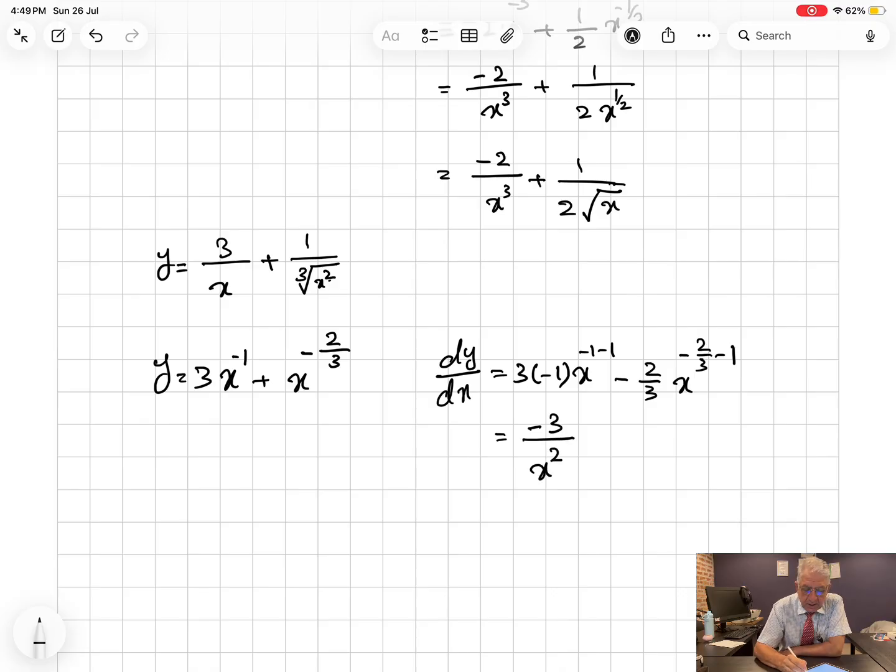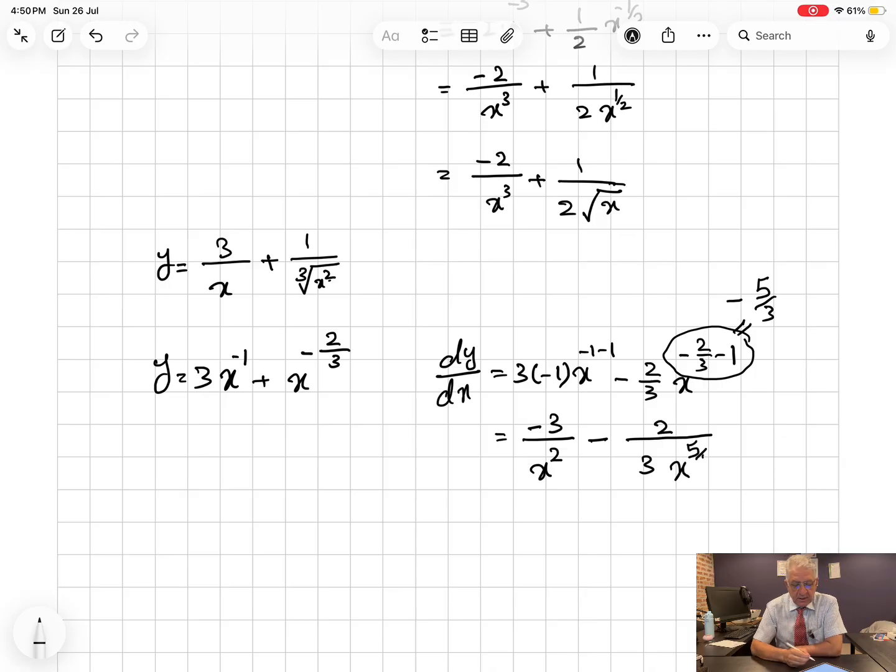Minus, now this 2 is there, this 3 is in the denominator. This power is actually how much? If you add these two numbers, you are going to get negative 5 over 3. Because it's negative 5 over 3, x should go in the denominator, to the power of 5 over 3.